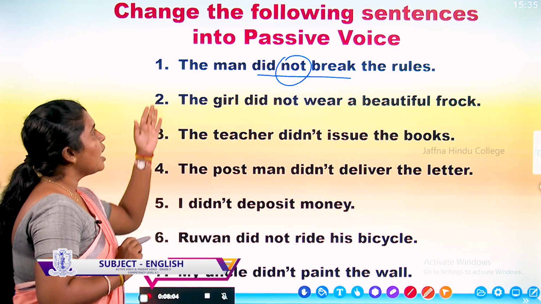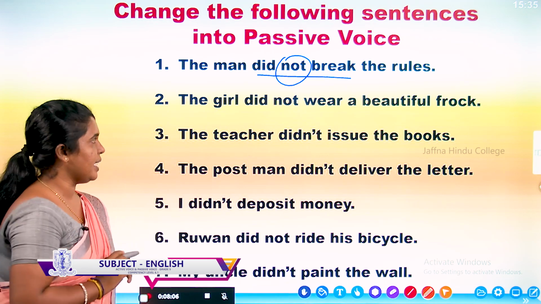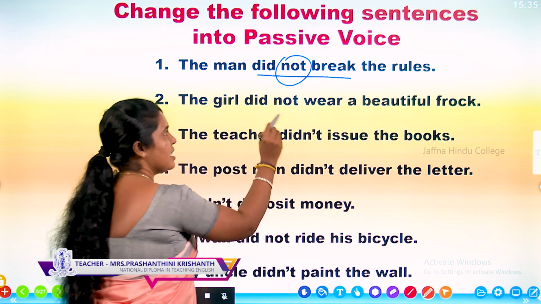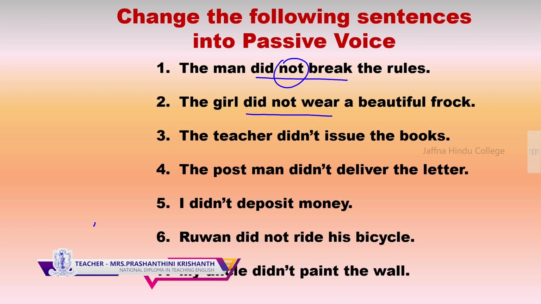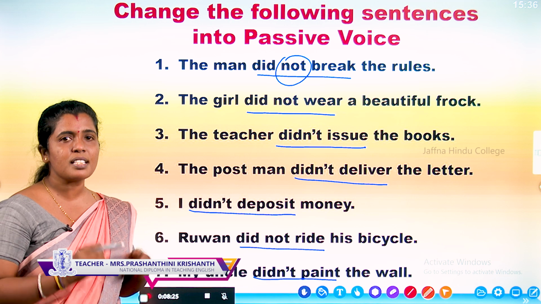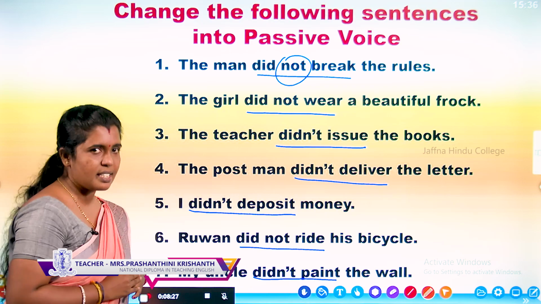Okay. Now we can change easily. For all the sentences, the same thing is here. Did not wear, didn't issue, didn't deliver, didn't deposit, didn't ride, didn't paint. So all the sentences are simple past negative sentences.